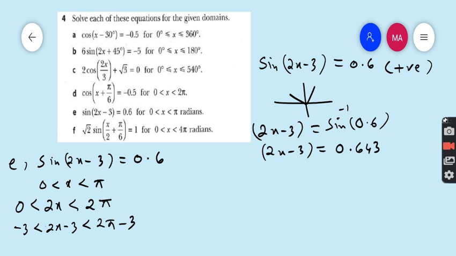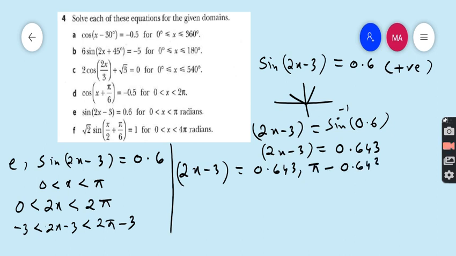So this is our required value. How to find the second value? This is the first value, and the second value we can find by subtracting 0.643 from pi, because the second value lies in the second quadrant. Pi minus 0.643 is 2.49.